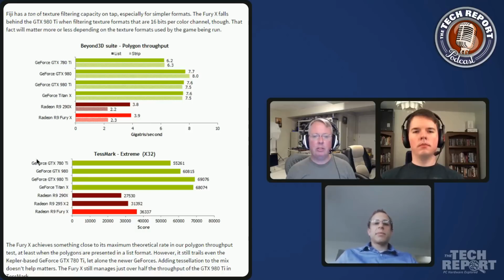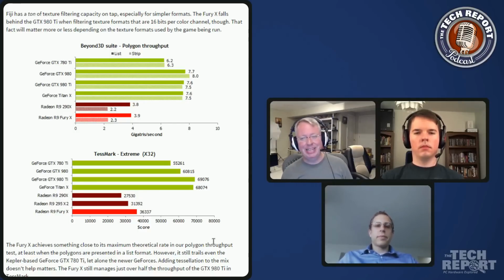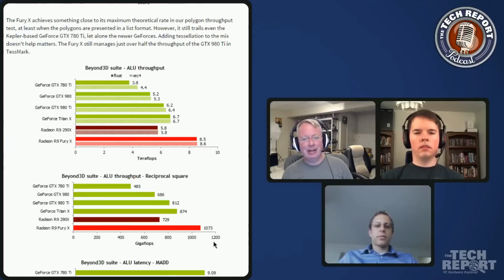Well, you see things like this difference between the polygon throughput when you have a list versus a strip format, which is not existent on the NVIDIA hardware, and you have to wonder if that isn't something like a driver issue. It could be architectural. It could be that there's a clear preference in the architecture for its data being formatted a certain way, but I don't know, man. I don't know about that.